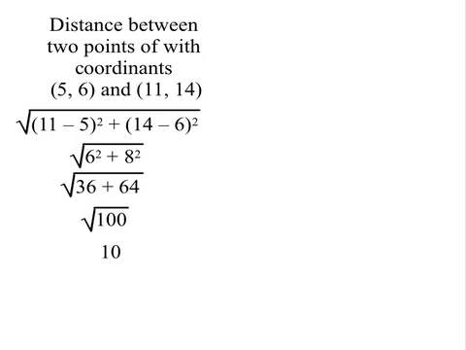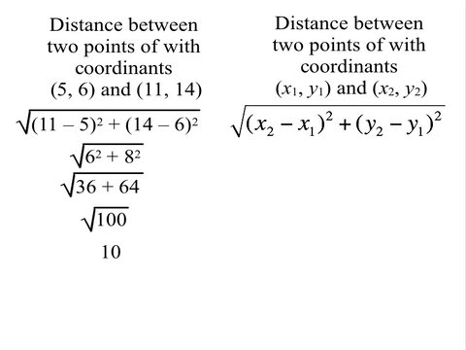Well, let's plug in variables that could be used for any pair of points that could be endpoints of a segment. And we'll call the ordered pair for one endpoint x sub 1, comma y sub 1, and the other ordered pair could be x sub 2, comma y sub 2. Plug them in as shown from our first example, and instead of 11 take away 5, we get x sub 2 minus x sub 1.